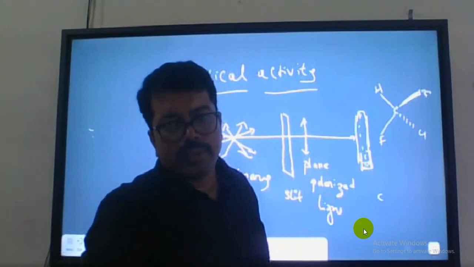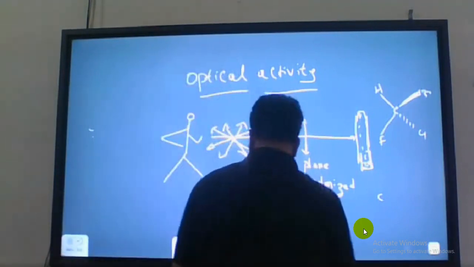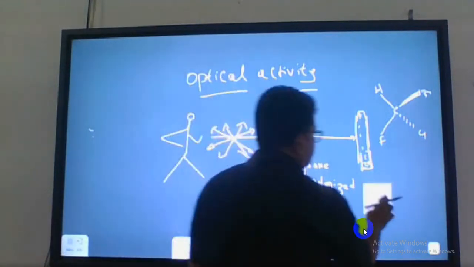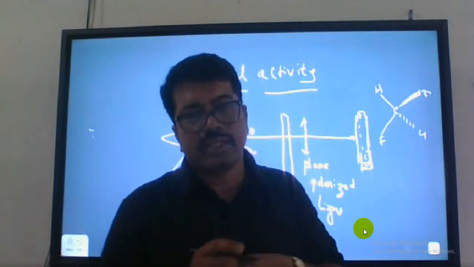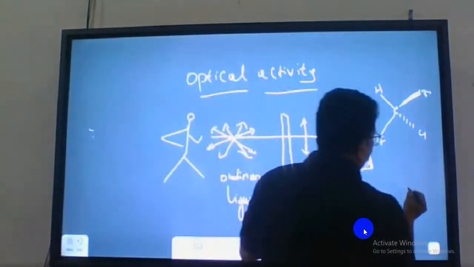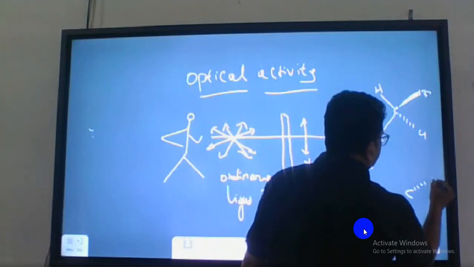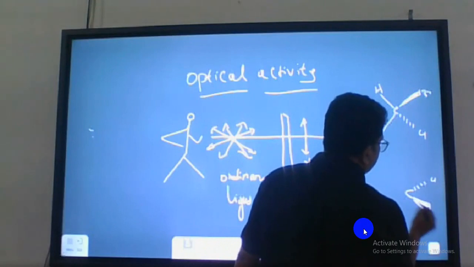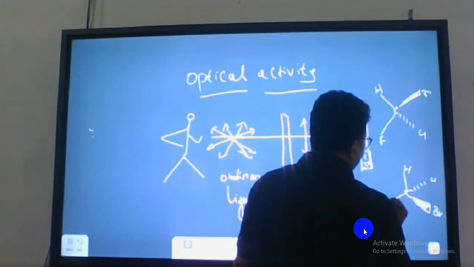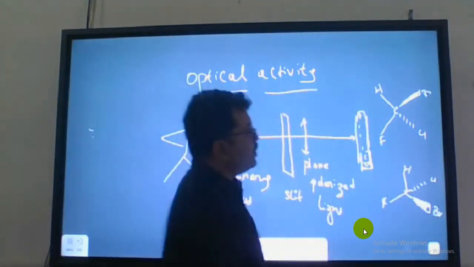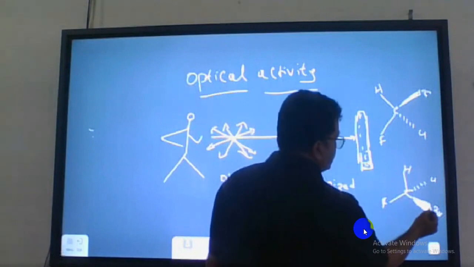We know we have those two isomers. Rotating 180 degrees, two isomers come. These two are enantiomers.